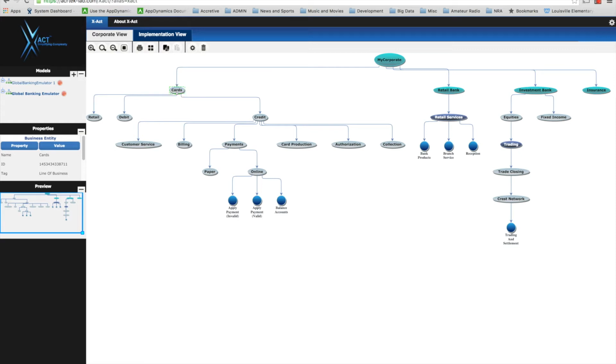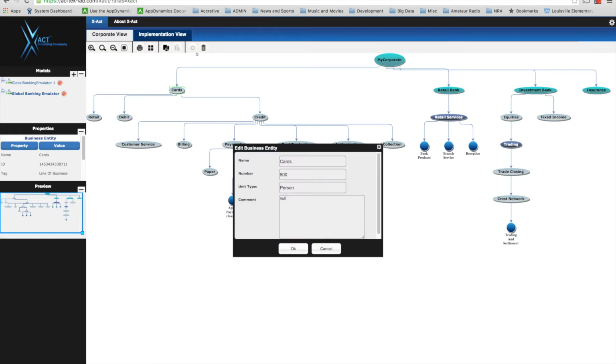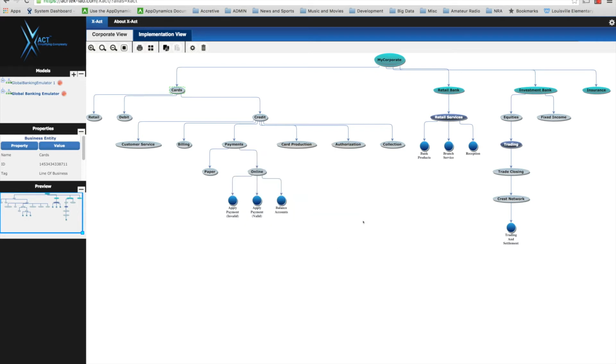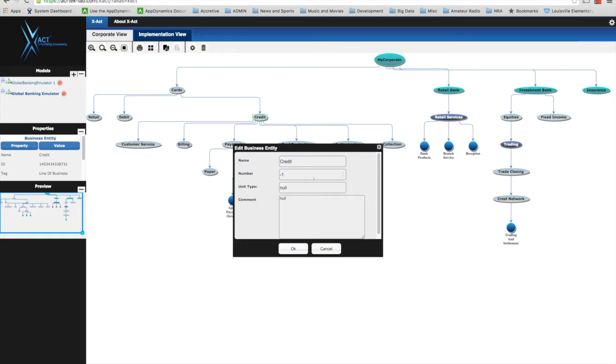Our business entities have properties. They have 3 properties basically, which is a name, a number, which in this case is 900, and a unit for this business entity, which is persons. But a business entity can also have properties where the number is a -1 and there is no unit type specified.